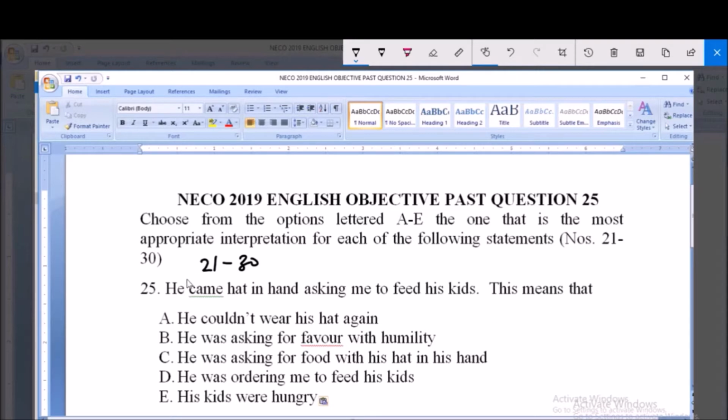This means that. Now remember that we are talking about idiomatic expressions, idioms, and our focus is hat in hand.